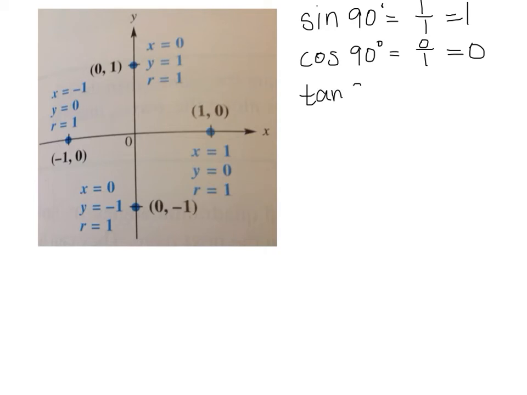Tangent is y over x. Big problem. You cannot have 0 in the denominator. The tangent of 90 degrees is undefined. And we usually write that.